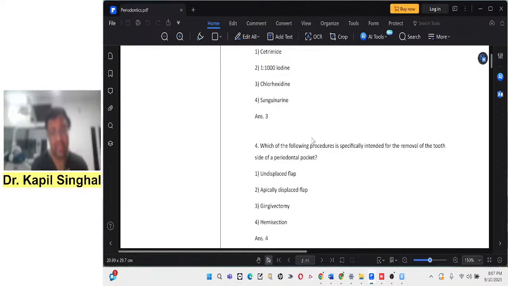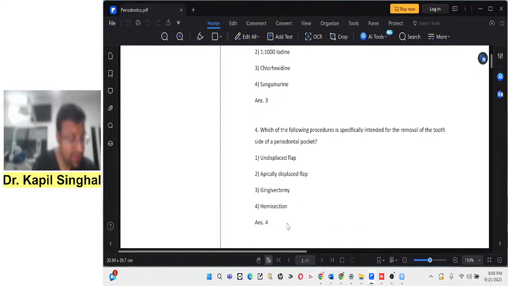So in which of the procedures are we removing a tooth? It is hemisection. Because in undisplaced flap, apically displaced flap or gingivectomy, in all these things, generally we remove from the pocket wall, maybe a pocket lining or a pocket wall. So those are not the answer here. The answer here would be hemisection.